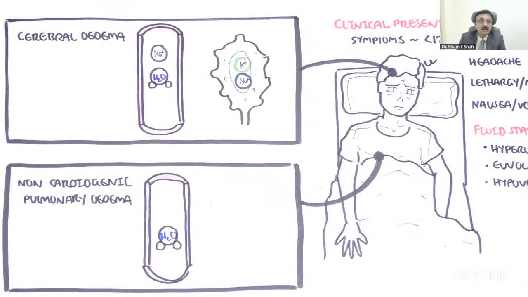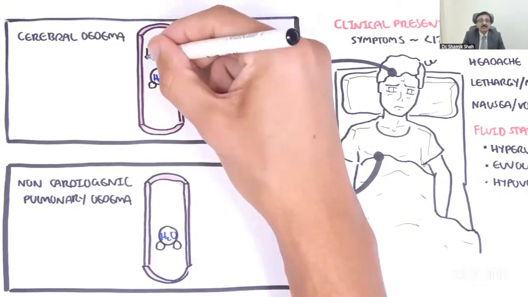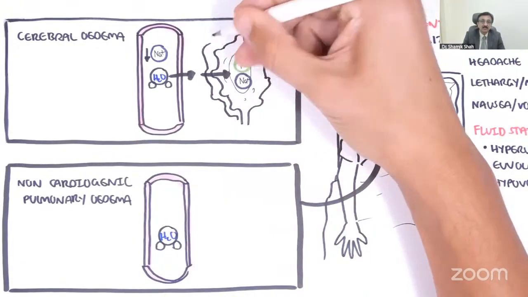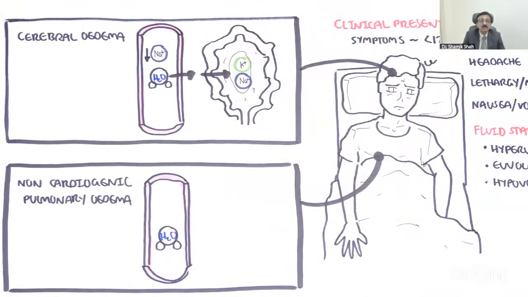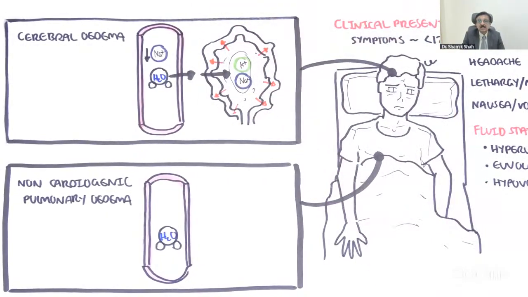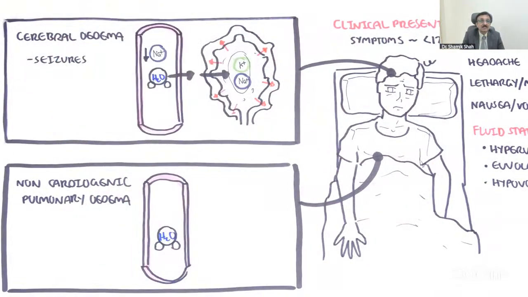Cerebral edema will cause symptoms because of the water moving in and out of the brain cells or the neurons. The patients typically will have a low sodium, so water will move inside the neurons, and there will be a swelling of the neurons, and this will result in these symptoms which we described earlier.